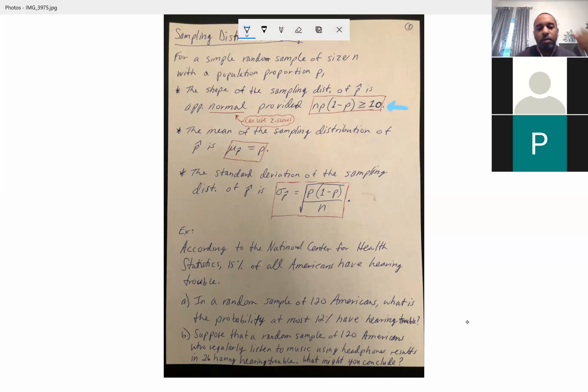And then B, suppose that a random sample of 120 Americans who regularly listen to music using headphones result in 26 having hearing trouble. What might you conclude? So I'll let you guys write that, and then we'll look at solving.